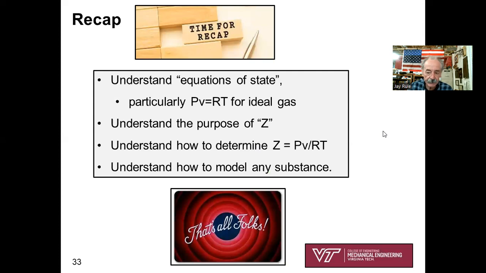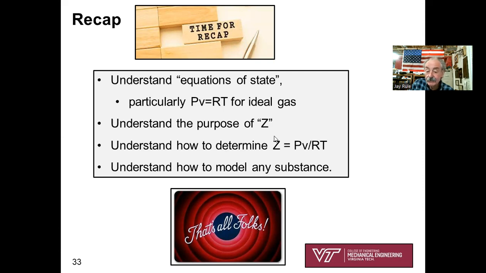So let's recap what we covered here. It's important to understand what equation of state means. And boy, particularly, you should know by heart the ideal gas equation of state. P times little v equals RT. Understand the purpose of what Z is all about. Okay. Understand how to determine a numerical value for Z. If Z is 1, then you got an ideal gas.